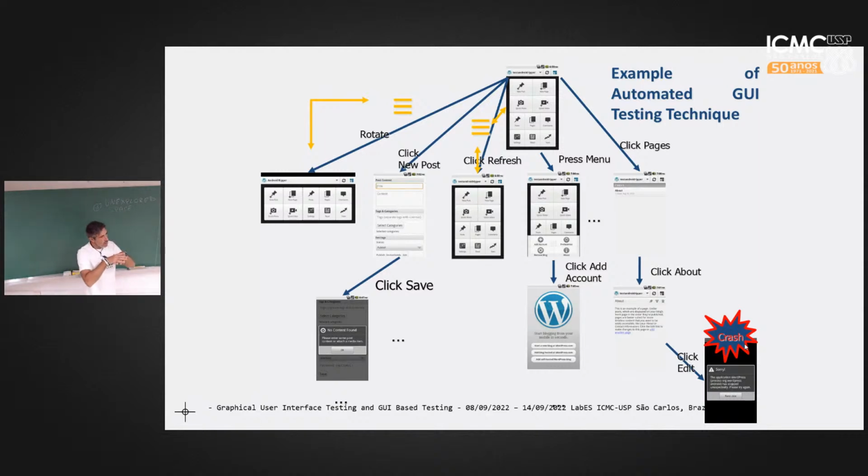Indeed, you can see the map of the application. It's like a map of the website, right? Starting from the root page, or sorry, the root GUI is the root that you have once you open the application.